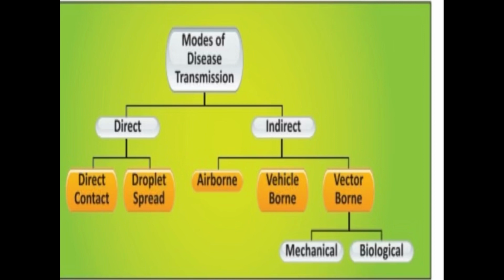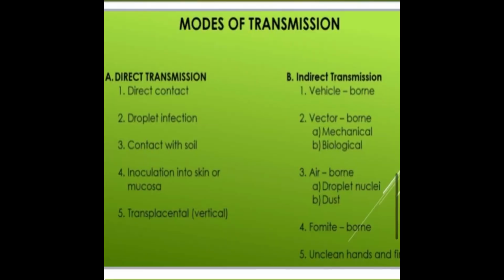Now comes the next important part: what are the modes of transmission in brief. If I talk about direct contact, it includes droplet infection, contact with soil, inoculation of skin and mucous membrane inside our nose, and transplacental transmission. And if I talk about indirect transmission, it is vehicle borne, mechanical, biological, droplet nuclei, and dust.